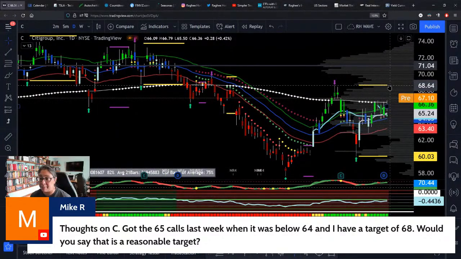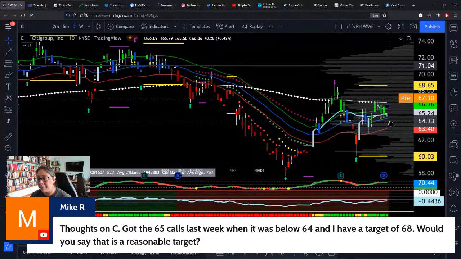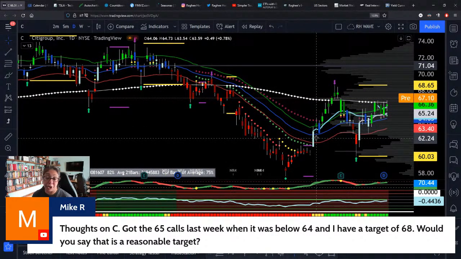Your 68 target, frankly, as long as you're looking for a move higher, you might see 68.5, quite frankly. But be careful, because this market's in chop. The trend that preceded it was down. So there's a chance that there's going to be sellers wanting to take advantage of a quote unquote overbought name. Your best bet is just to watch XLF.